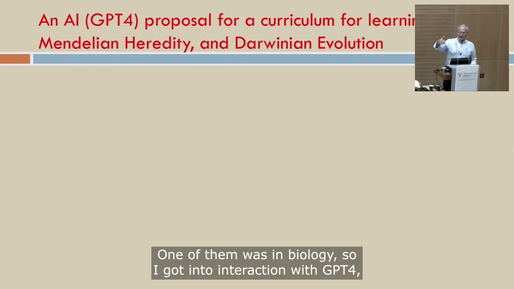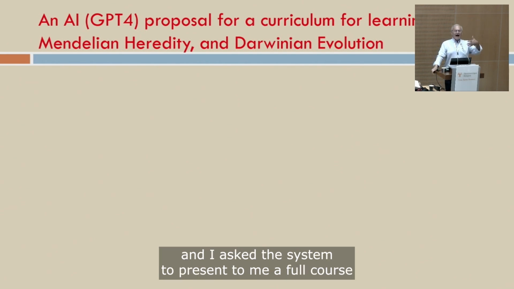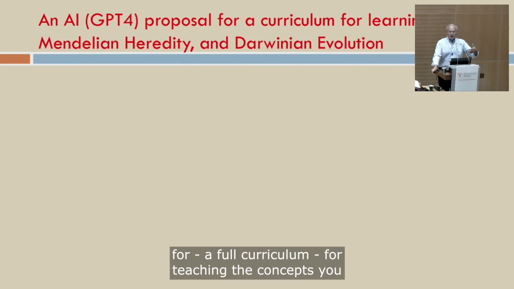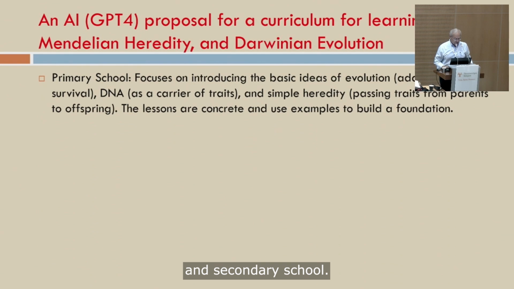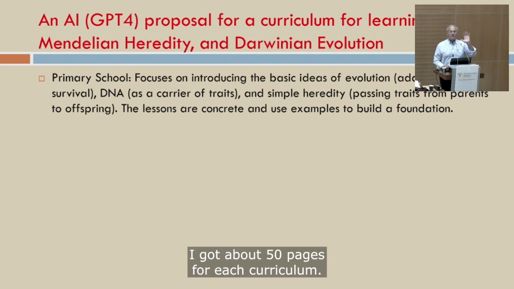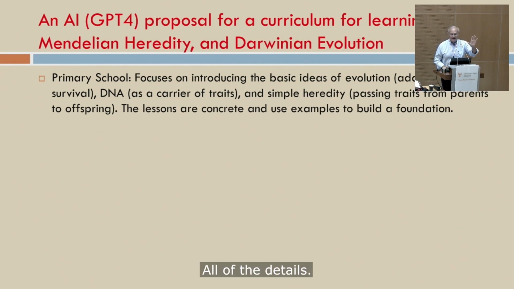So I got into interaction with GPT-4, and I asked the system to present to me a full curriculum for teaching the concepts you see on the transparency to preschool, primary school, and secondary school. I just summarize here. I got about 50 pages for each curriculum. All of the details.